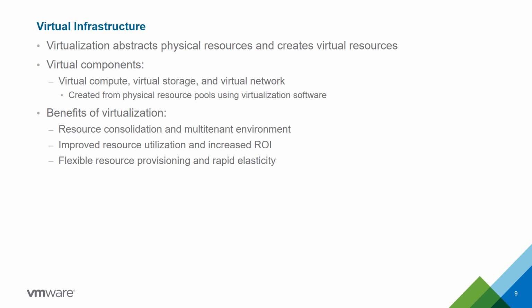The benefits of virtualization, of course: resource consolidation and multi-tenant environment, improved resource utilization and increased return on investment, flexible resource provisioning, and rapid elasticity. Rapid elasticity means whenever I want, I can add more and I can even reduce them whenever I feel like.